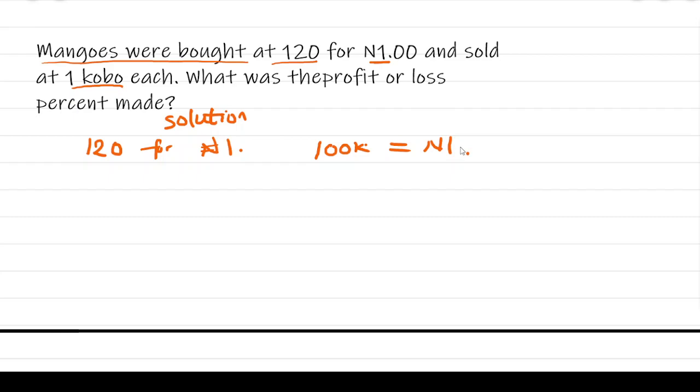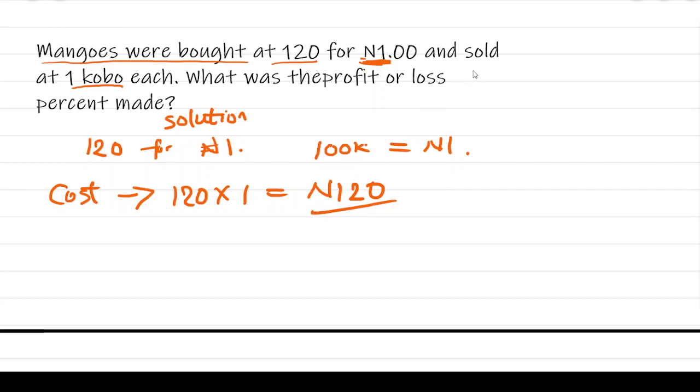So you bought it at 1 naira each. Therefore, the cost of buying this at 1 naira each is 120 times 1, which is 120 naira. So you have to spend 120 naira to get these mangoes.